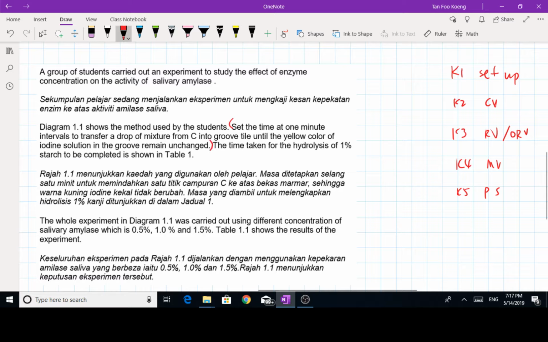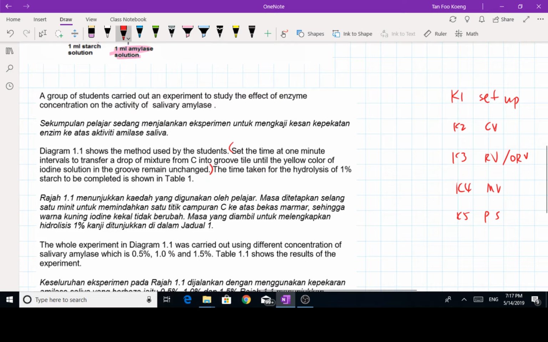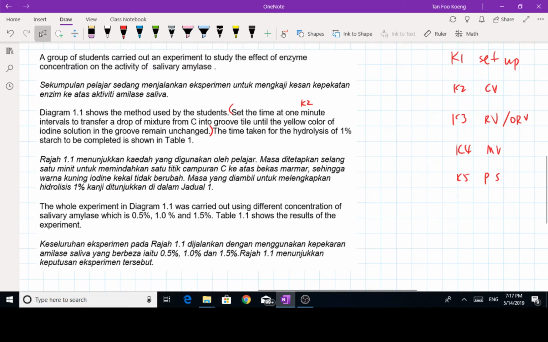So that means to say that for every 1 minute you need to take out the mixture from C for iodine test. So 1 minute here is your K2, CV, and then the time taken for complete hydrolysis of such is measured using stopwatch.